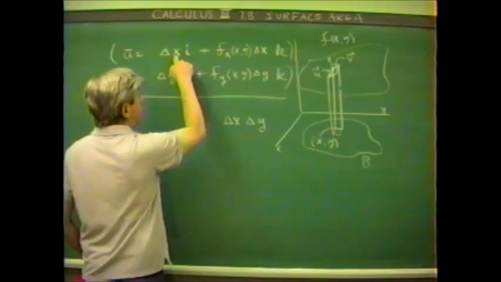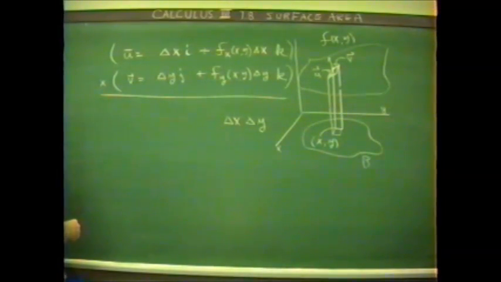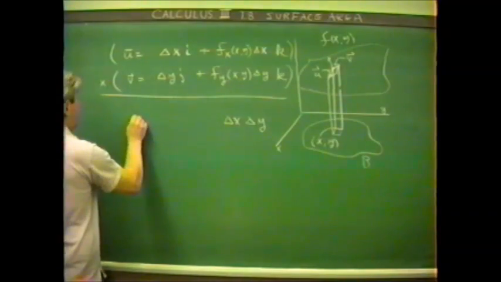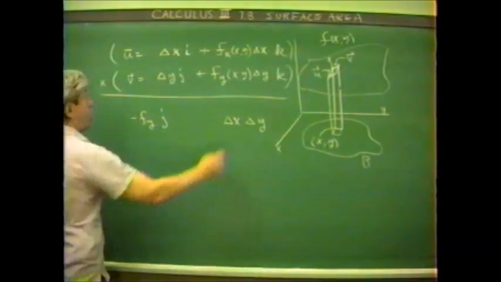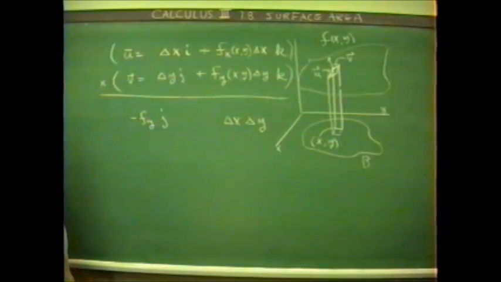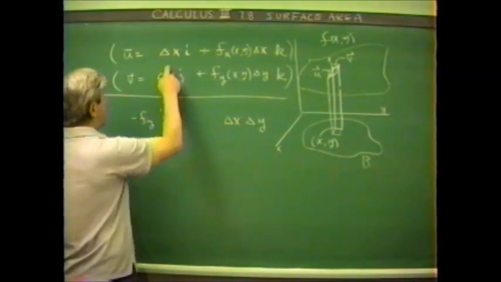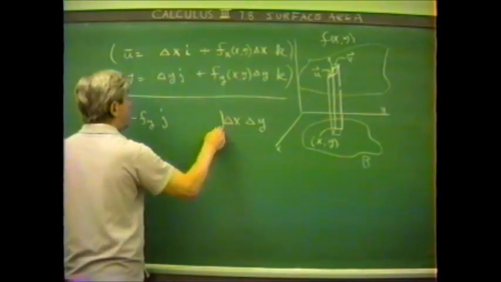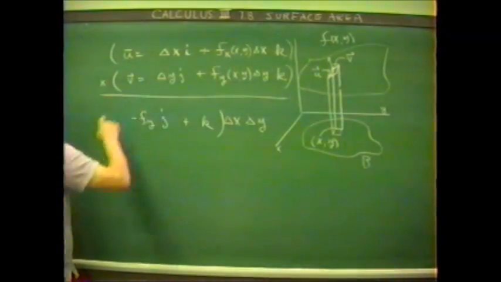And so what we've got then is 1, i cross k is minus j, so we end up with minus partial f with respect to y times j. I'm going to delete the x and y here. And then we've got i cross j is k, delta x, delta y, so that this is going to be plus k. Then we've got k cross j.